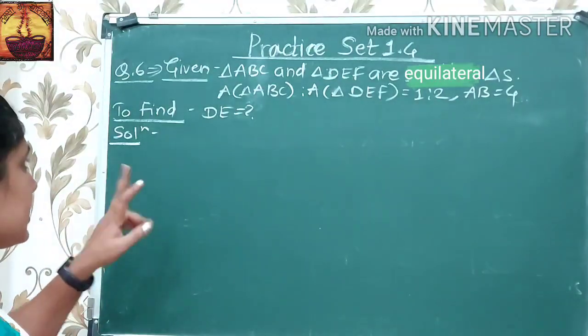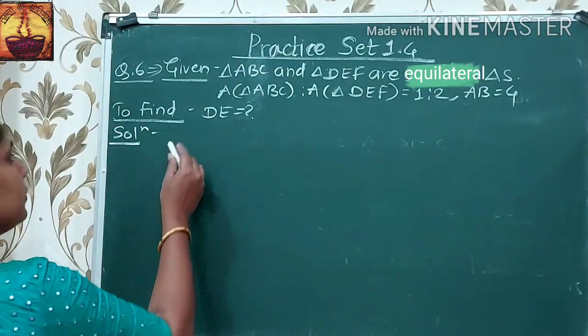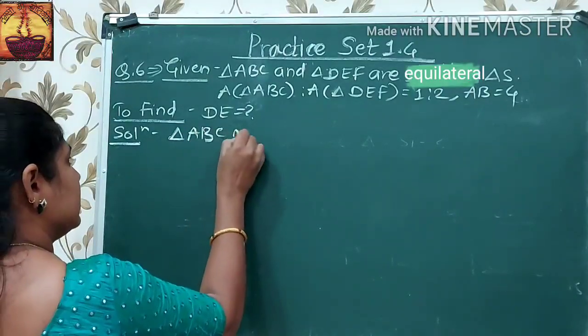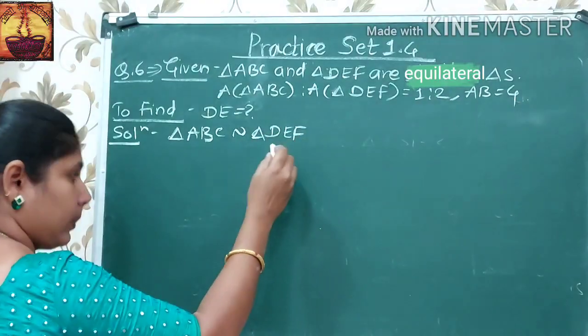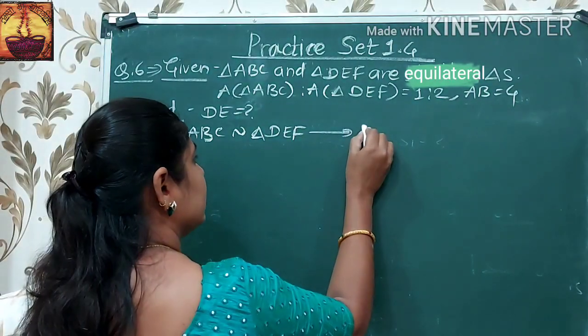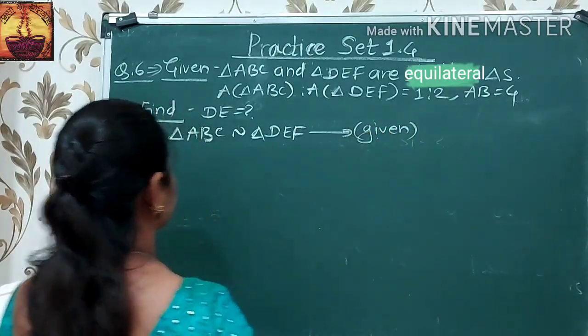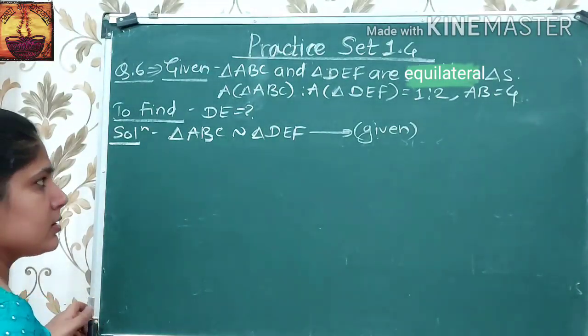Therefore we say that triangle ABC and DEF are similar triangles. Therefore write here, triangle ABC is similar to triangle DEF. It is in the given part. Here these two triangles are similar triangles.